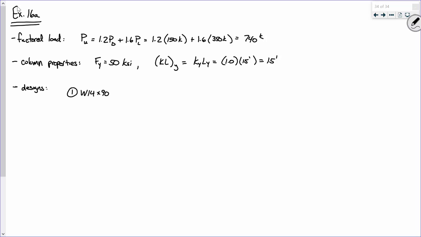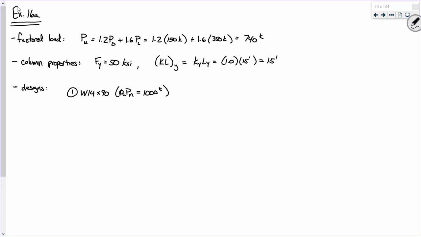Okay? Now why did you pick that? What was its phi Pn? 1,000. Okay? All right, what is the next lightest section after a W14 by 90? And what's its phi Pn? 735. So that is the lightest W14 shape that will work. Does everybody see that?